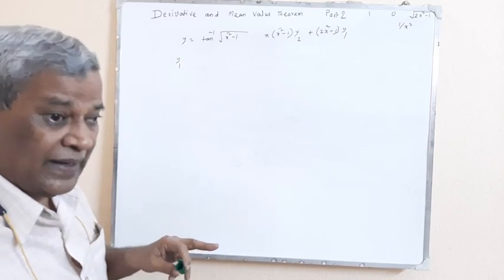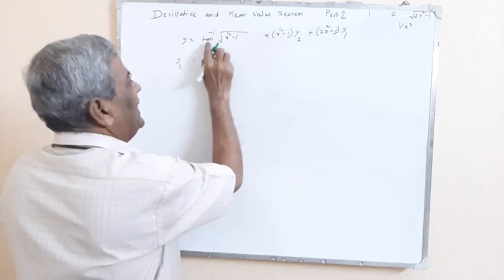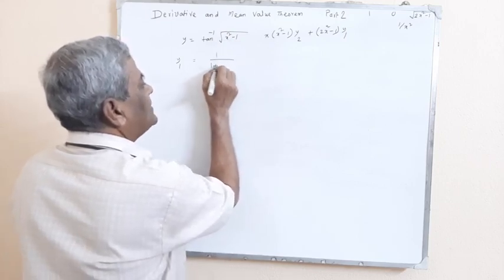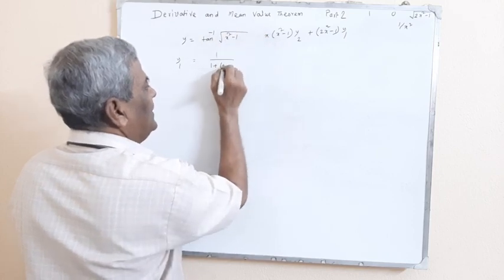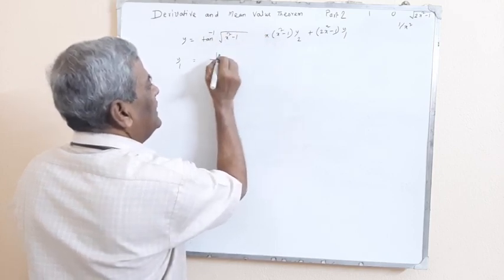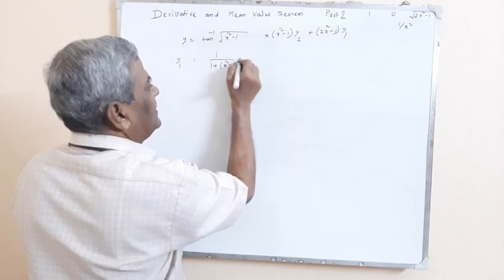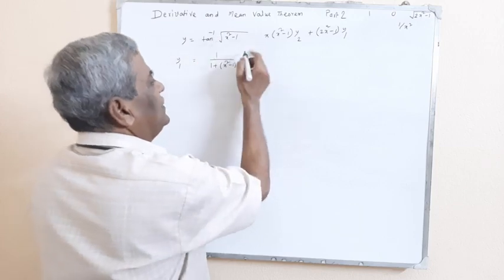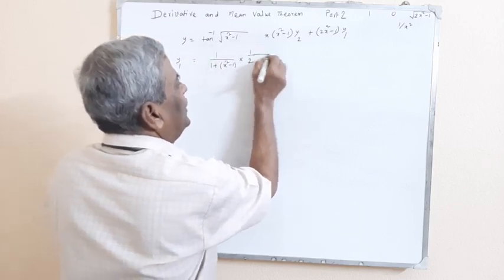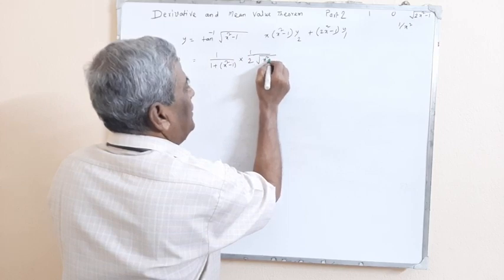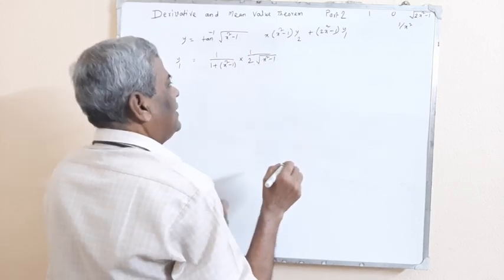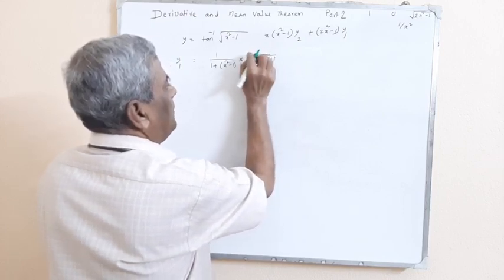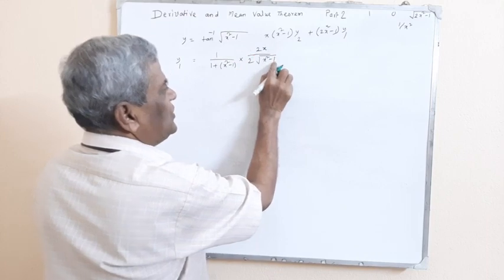Derivative of y is y1. It is equal to, it is tan inverse function. So it is actually 1 upon 1 plus x square, that is x square minus 1, into derivative of that. It is basically a root over function, so 1 by 2 into root over of x square minus 1, then derivative of this part, that is 2x minus 0.